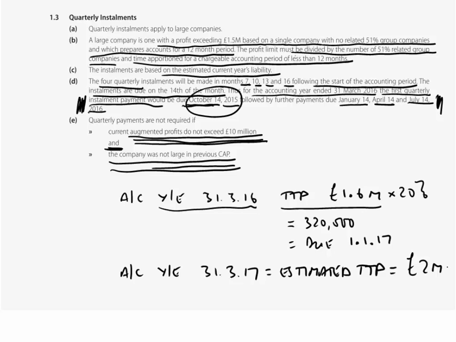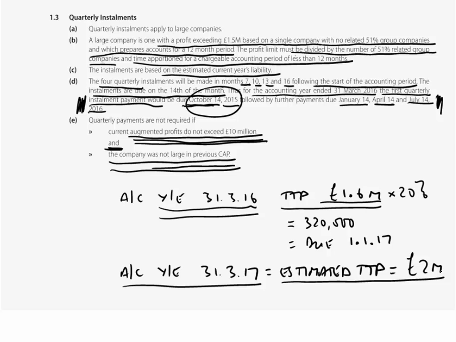Were we large in the previous period, the year ended March 16? Yes, we were. The TTP, and with it the profit, exceeds 1.5 million. That means that now for the year ended March 17, given that we're estimating a profit in excess of 1.5 million for this company, it's large this period and therefore quarterly instalment payments will be required.